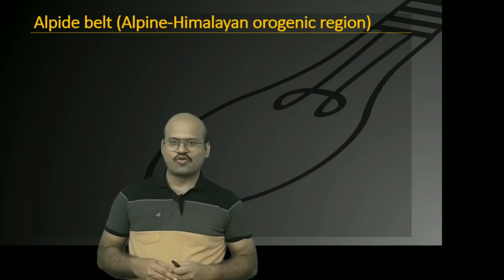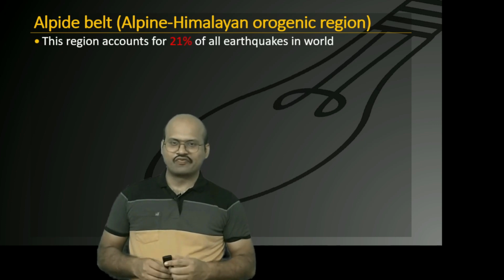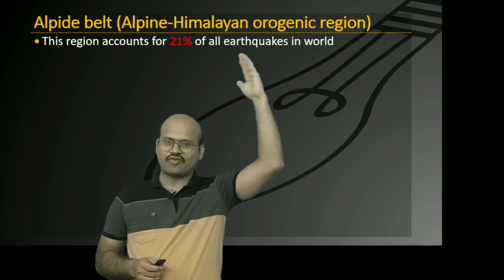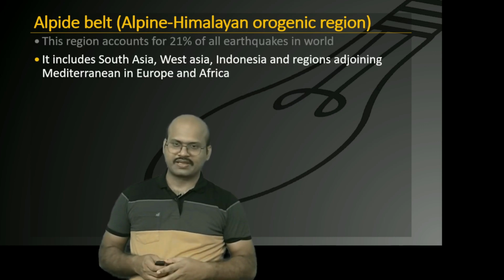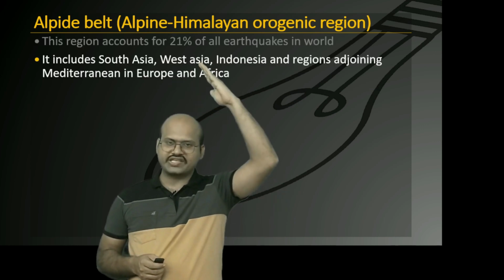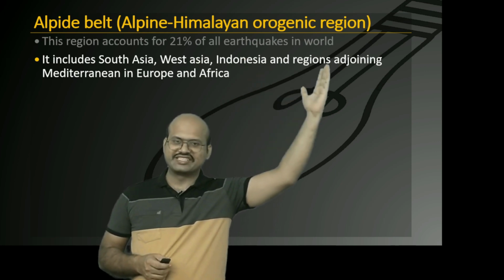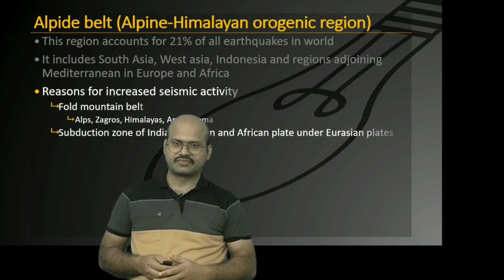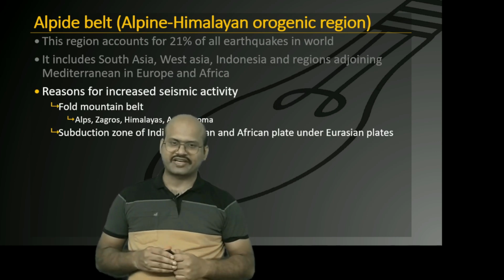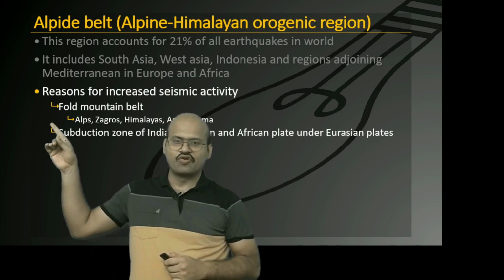So let's see why so much seismic activity occurs in the Alpide belt. We know that almost 21% of all the earthquakes in the world occur in the Alpide belt. It includes South Asia, West Asia, Indonesia, and regions adjoining the Mediterranean in Europe and Africa. The reason why so much seismic activity occurs here is because it is a fold mountain belt.